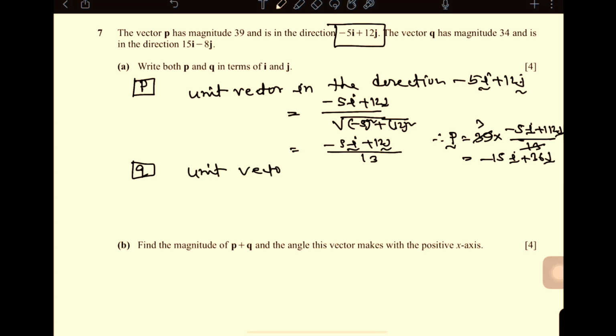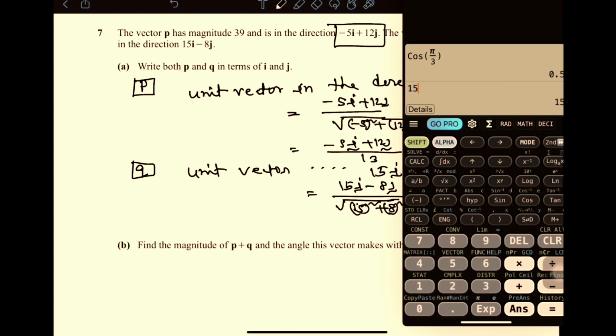Unit vector in the same way, in the direction of 15i minus 8j equals 15i minus 8j divided by root over coefficient of i square plus minus 8 square. Sorry, 15 square plus 8 square, and it's root over 289, that is 17.